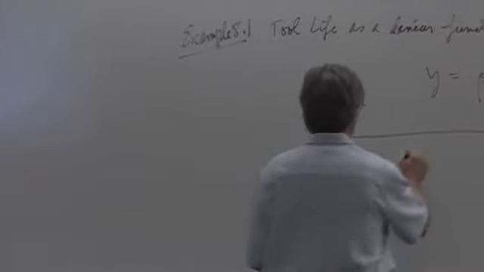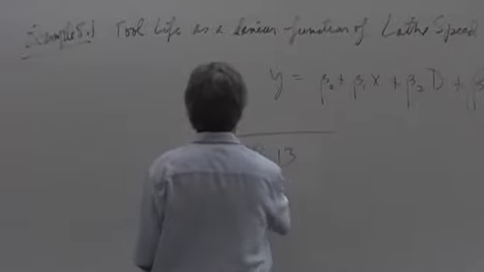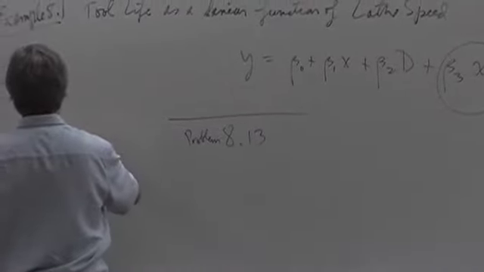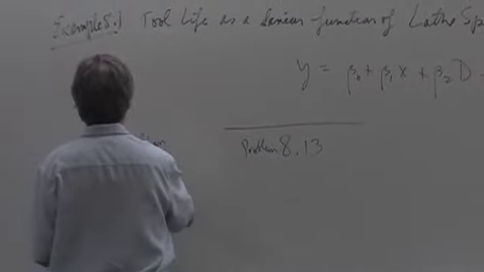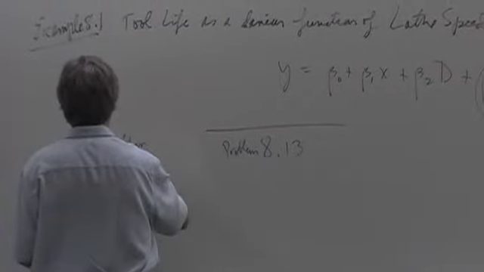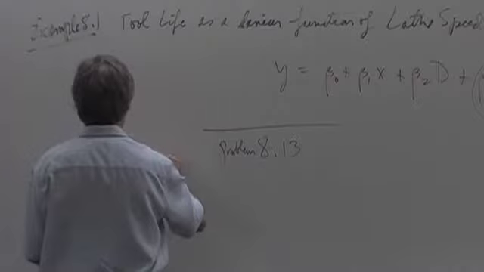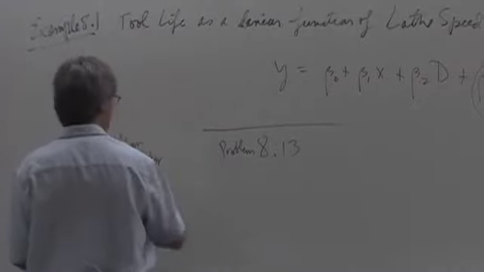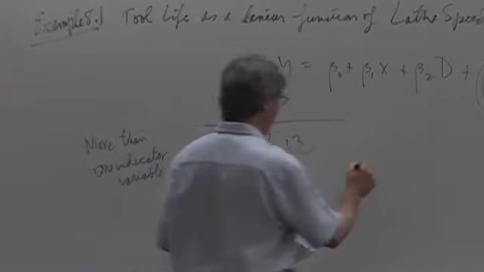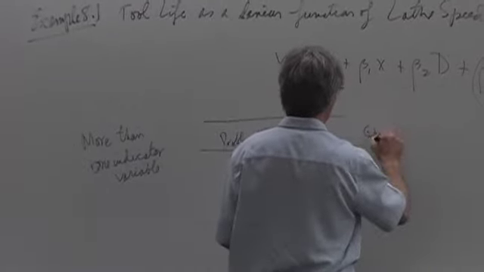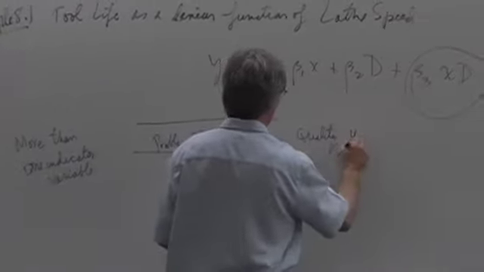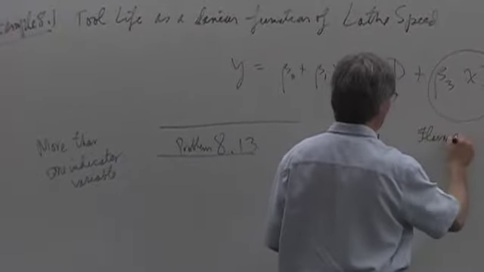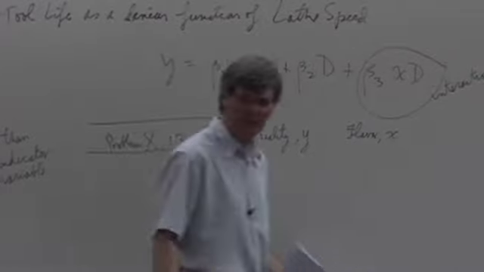So in problem A13, more than one indicator variable. You're going to have quality of wine. You're going to have flavor. That's my X. That is a numerical value.